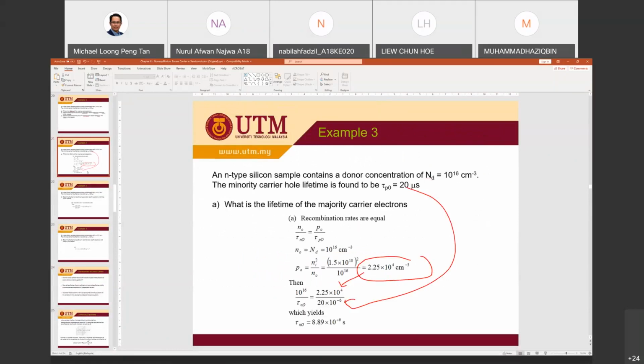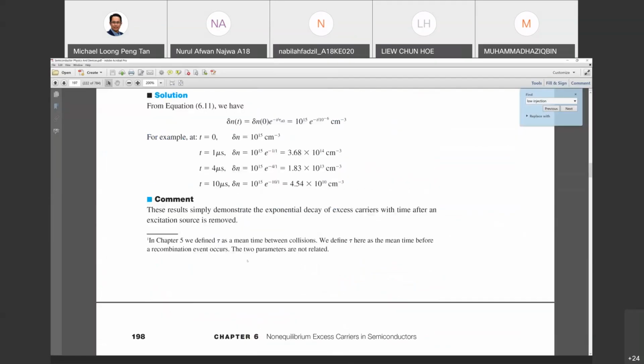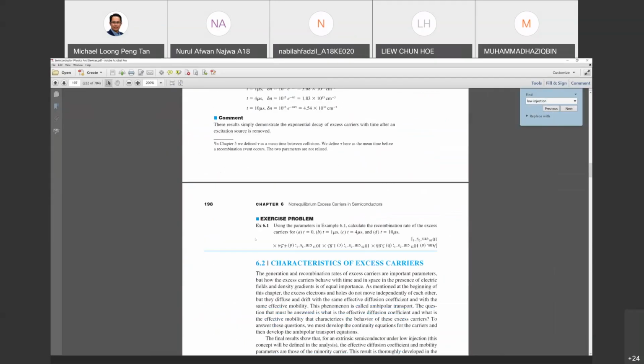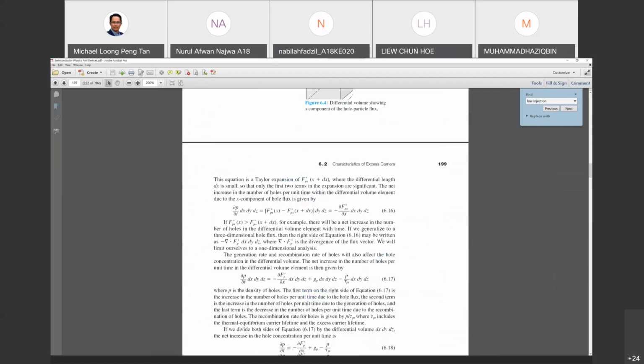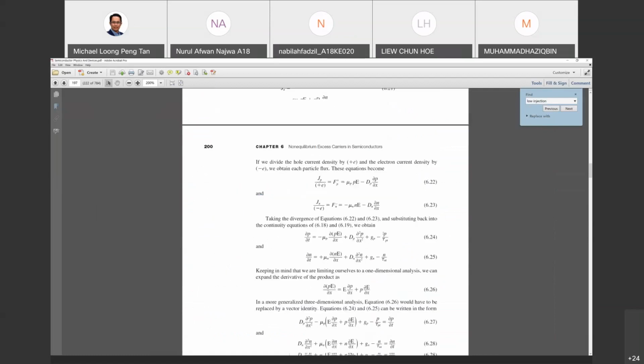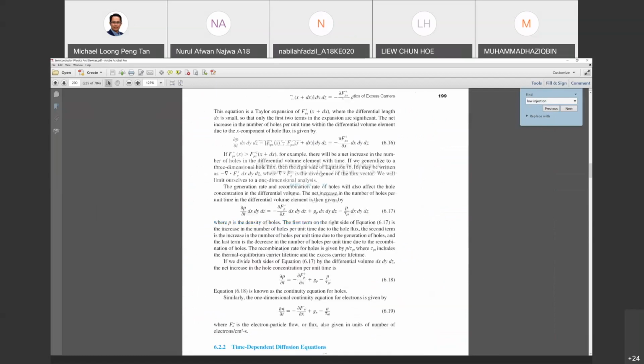Not as easy as chapter 4, where you know you got n0, you got p0, temperature changes, then you calculate. This one could be many types of question. So the only way to know is to try all the exercises here. Then you know what kind of question will come out, because the examples I give you are limited, actually taken from this book.